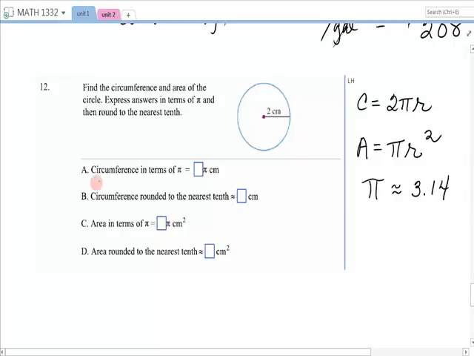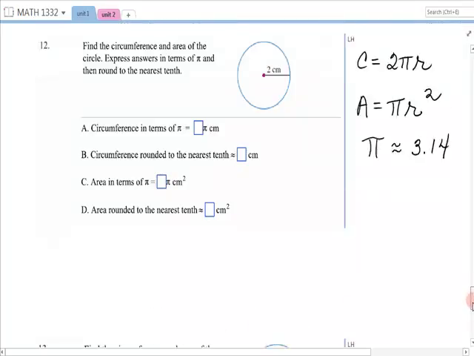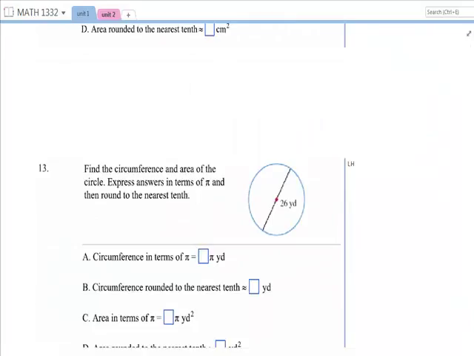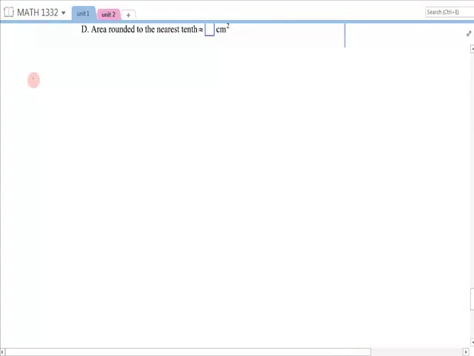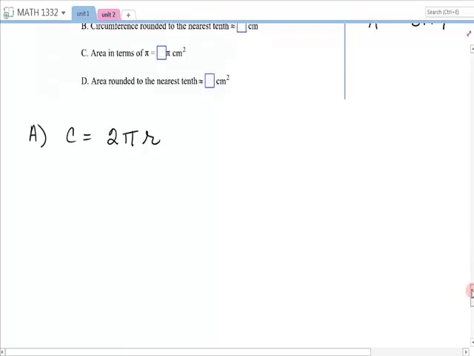All right, the first thing says, find the circumference in terms of pi. In terms of pi means leave the pi symbol in your answer. So, let me get this stuff out of the way. Part A. Circumference is 2 pi r. In terms of pi. Now, what's the radius of this circle?